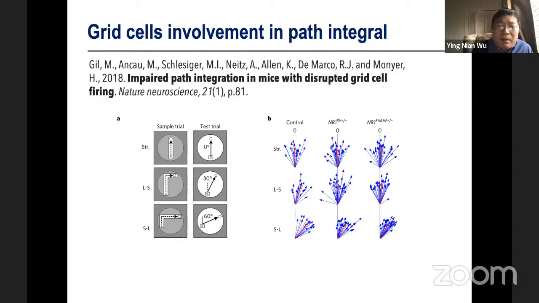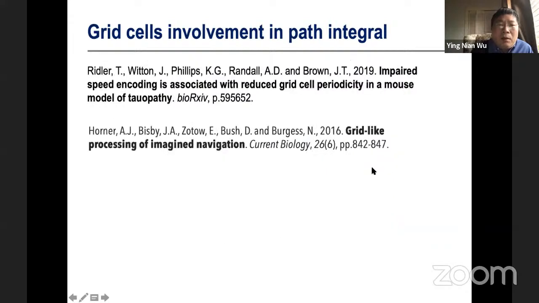So next time it doesn't know where it should go, and it goes in very random directions. And there also seems to be evidence that if the speed encoding system is impaired, then the grid cell periodicity is also affected. That means when you receive the sense of self-motion, if this pathway is blocked, then you cannot perform path integral.